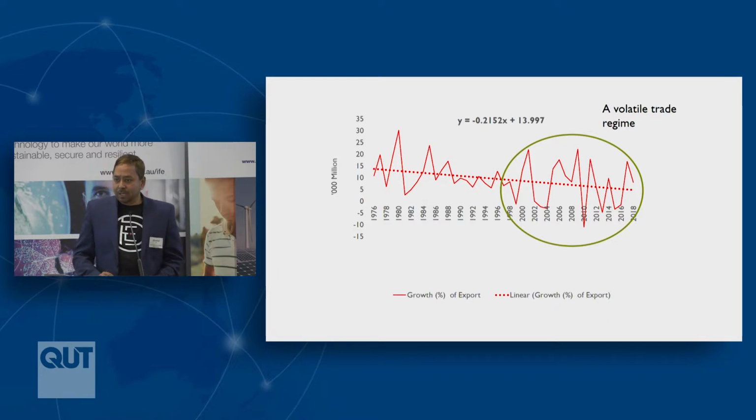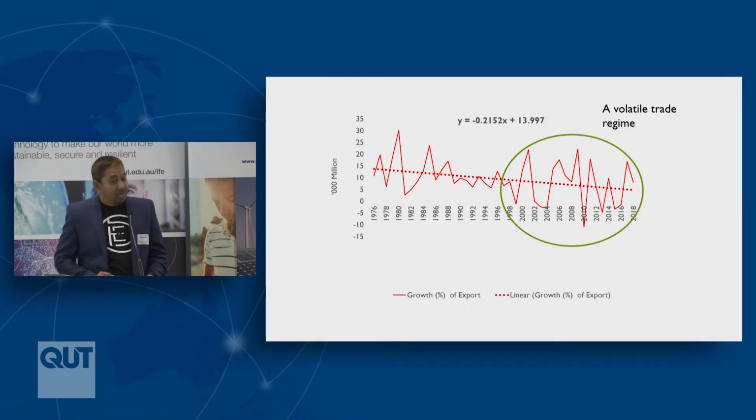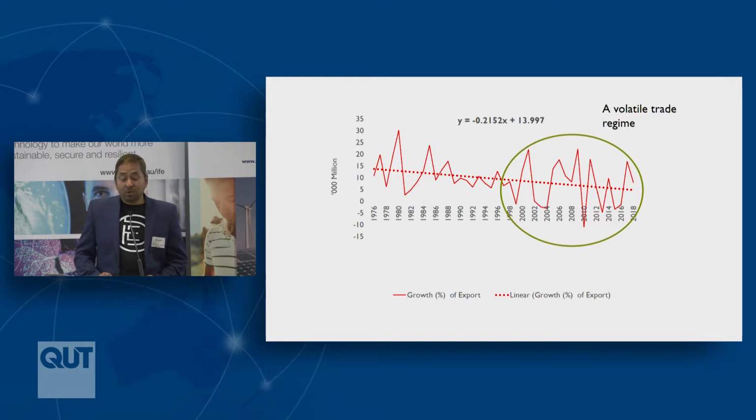This volatility means that Australian trade is less resilient than before, and we need to think about how we can follow a more stable path of trade in the future, because trade and export are closely aligned with the well-being of Australian citizens. So really it's about thinking about the future trend. Some sort of structural change is required.